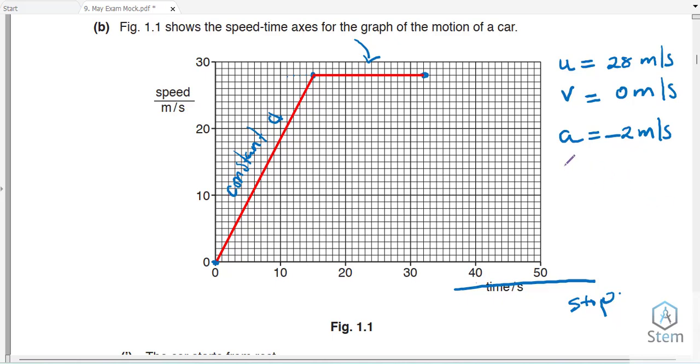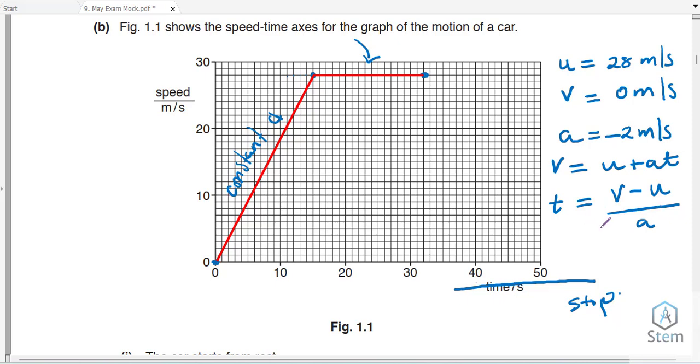We need to use the formula v = u + at. And if we rearrange the quantities, we will have t = (v - u) / a.